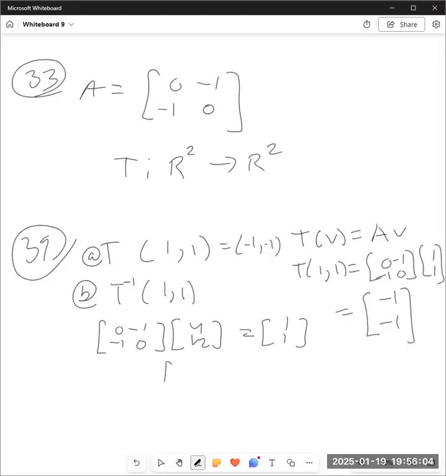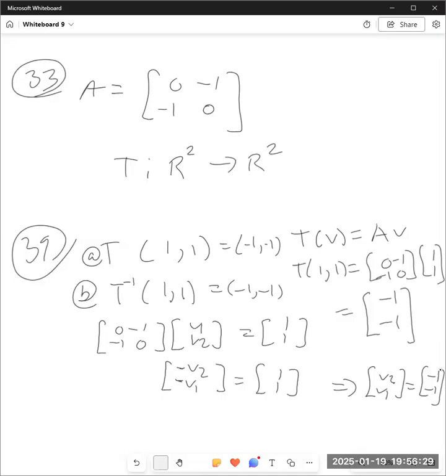So it's going to be -V2, -V1 equals 1, 1, which means that V2, V1 equals -1, -1. So V1 is -1 and V2 is -1.